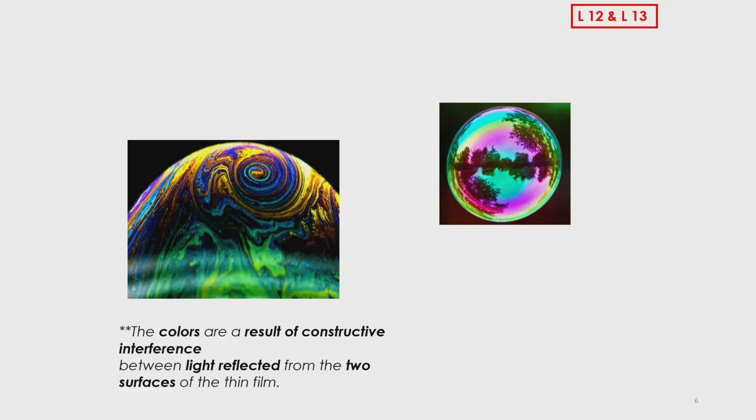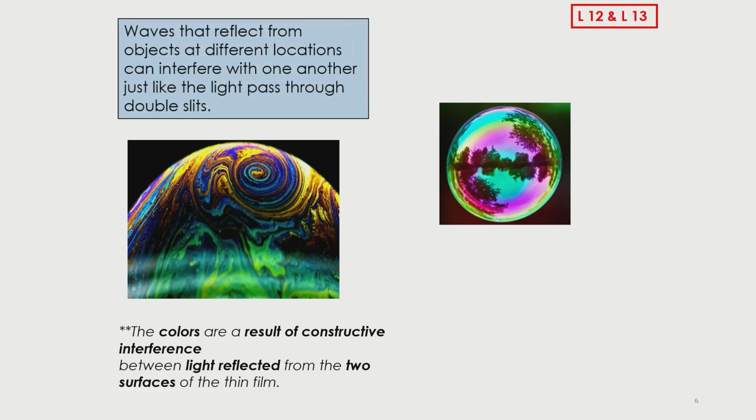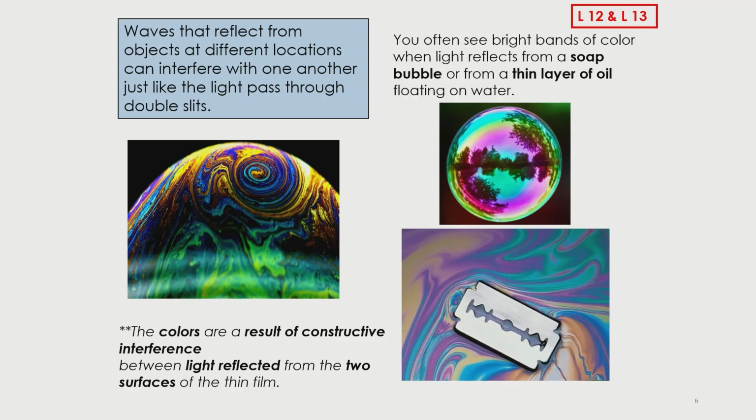As you can see, this is the soap bubble. Waves that reflect from an object at different locations can interfere with one another, just like light passing through double slits. You often see bright bands of color when light reflects from a soap bubble or from a thin layer of oil floating on water. But how? So now we are going to learn how this happens.